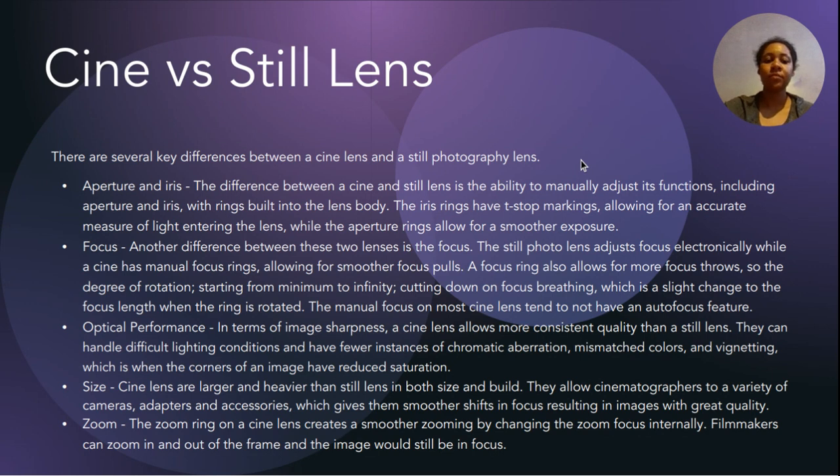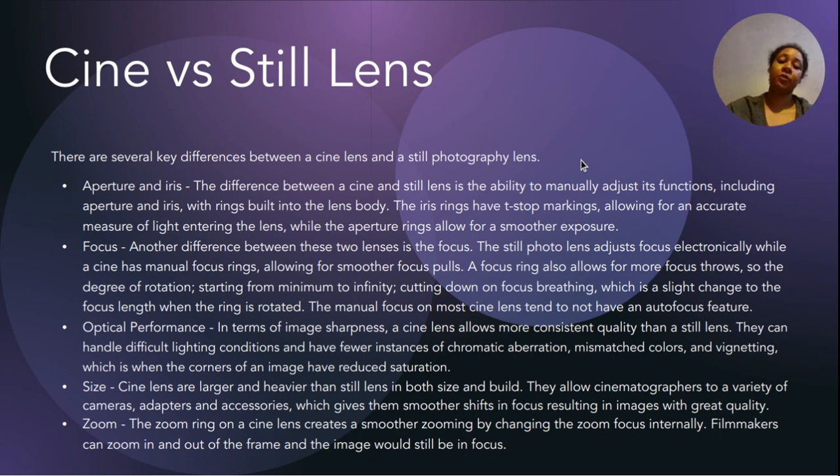So it allows for a smoother focal pull. That's why focus rings are used, to allow yourself to adjust the focus and gives you a clearer idea of what to focus on.